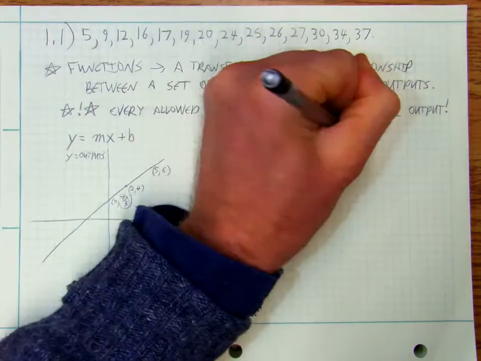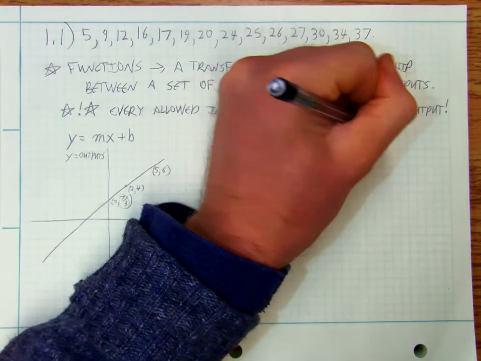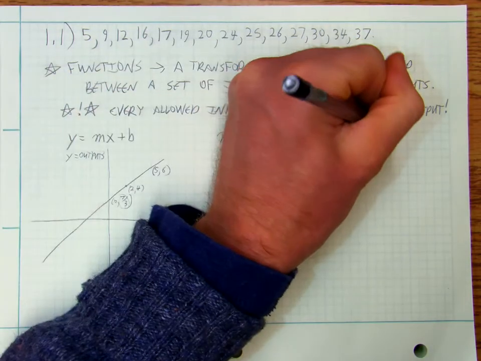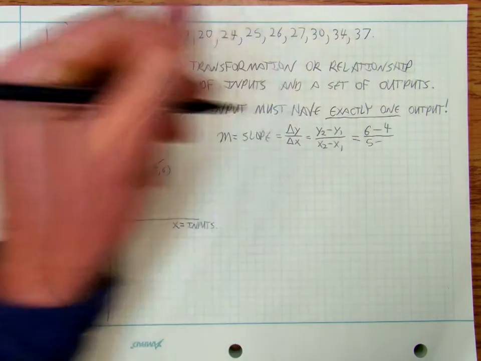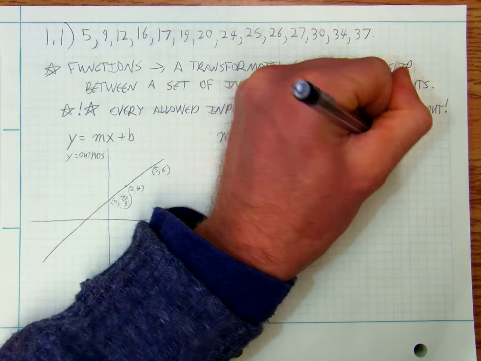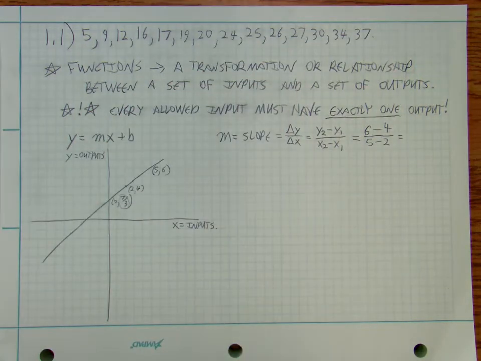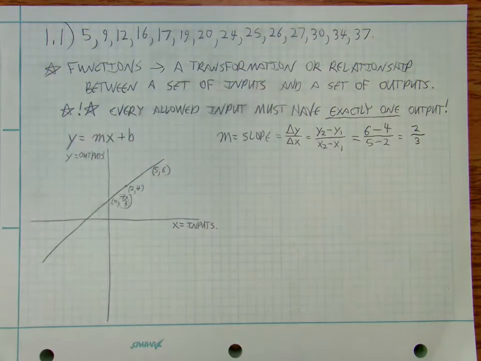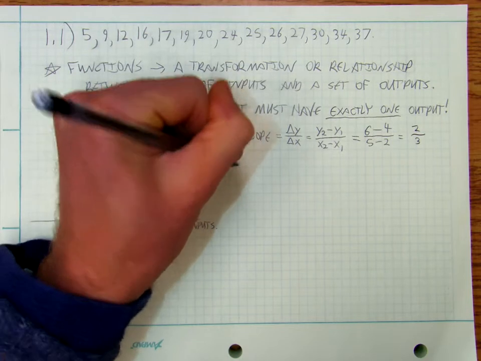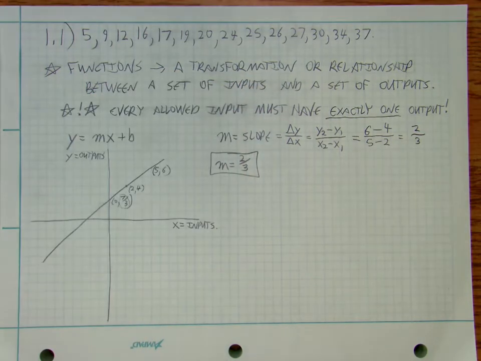And so continuing along, I'm going to have 6 minus 4 over 5 minus 2. And so that's going to be 2 over 3. And so my slope is 2/3. Okay, just reviewing really quickly.